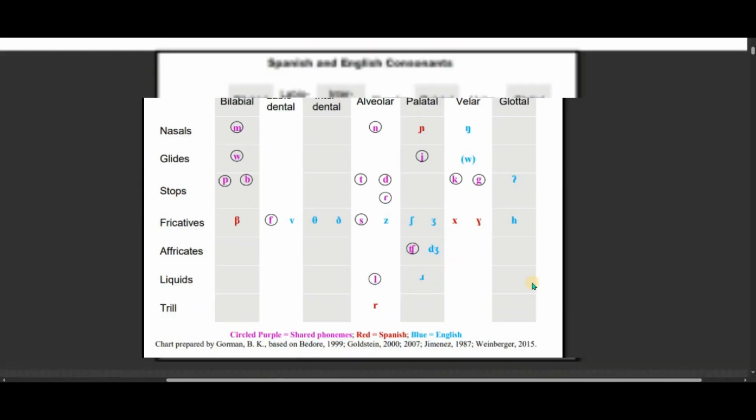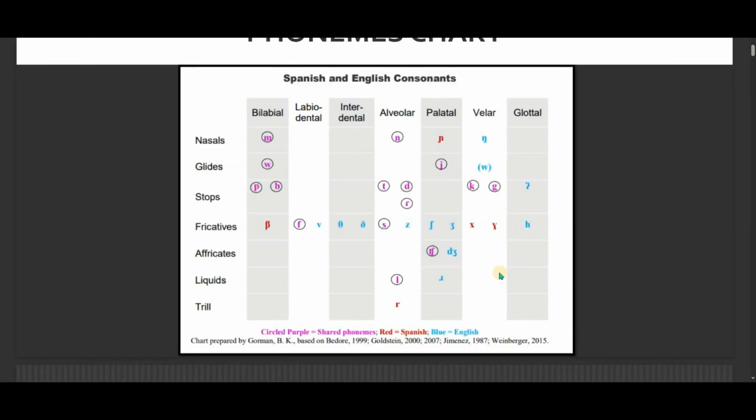Knowing that, let's take a look at a couple of them. Notice that this M phoneme is a nasal bilabial. The N right here is a nasal alveolar.